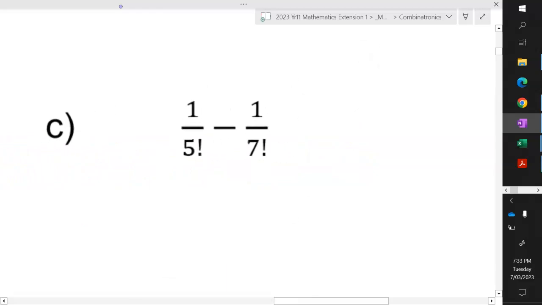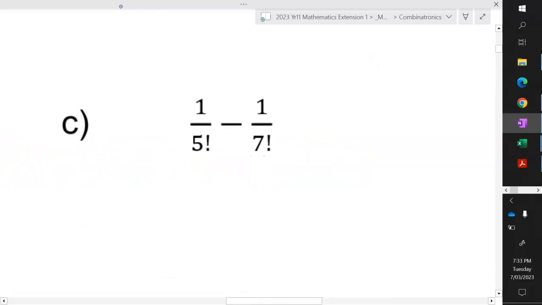Okie dokie. Now, we don't have a calculator, so we need to work this out. Now, I am looking at that, and I'm just going to write down in long terms what that actually is.